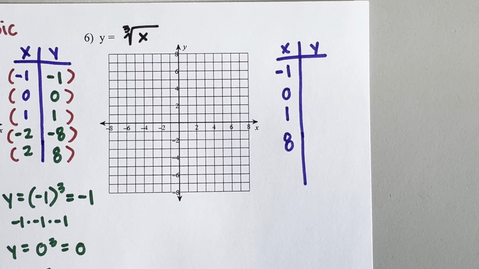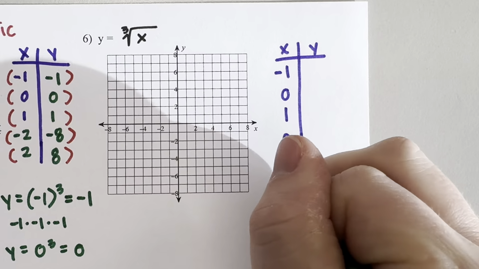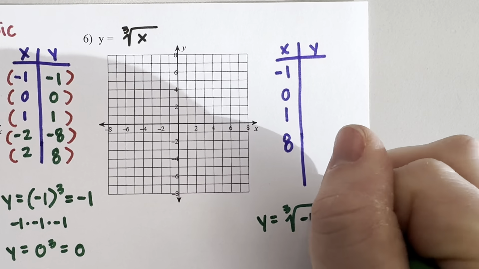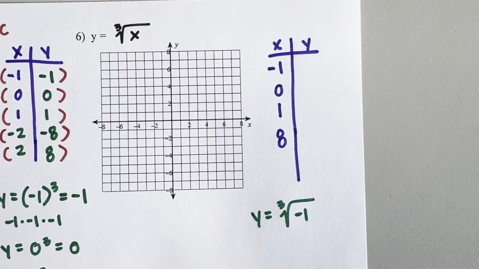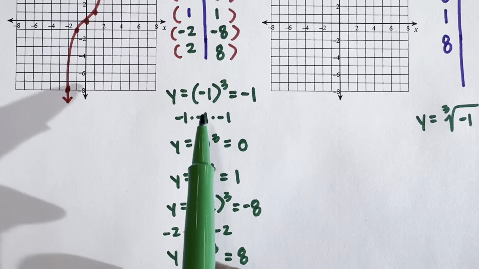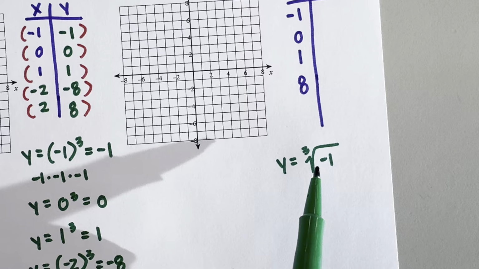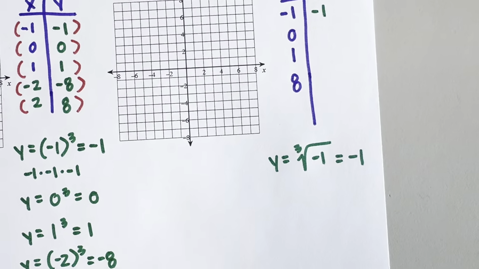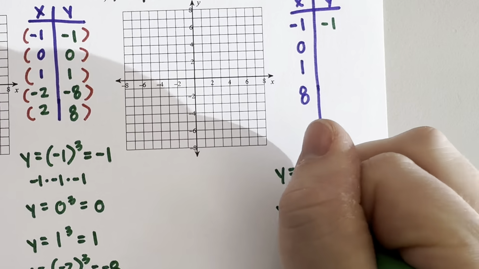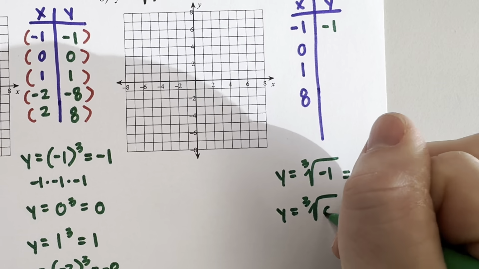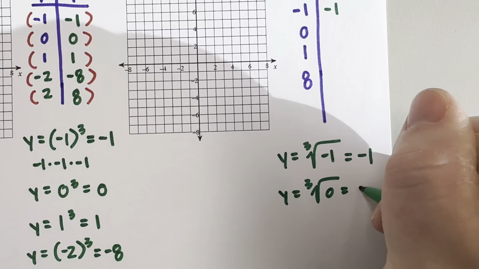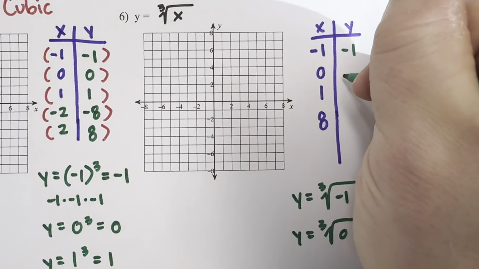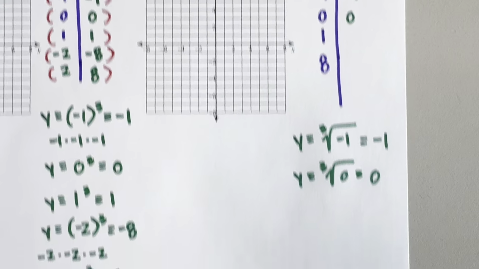If I plug these numbers in for my x, so I have y equals the cube root of -1. Well, if we just go backwards, the cube root of -1 is still -1. Next one, easy peasy. The cube root of 0 is 0. So when I plug in a 0, I also get out a 0.